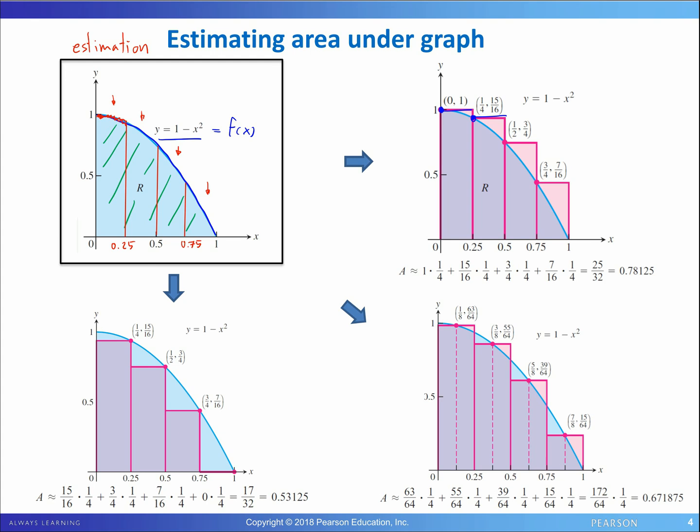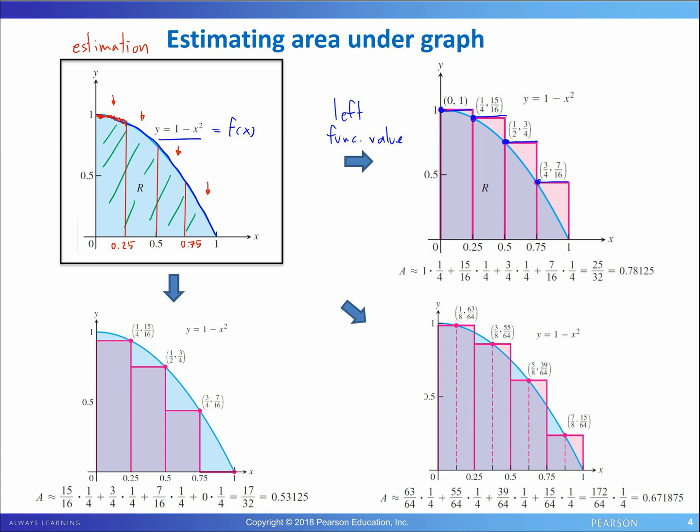Third section, once again left function value as the height. And last one, left function value as the height. So let's make a note right here that for this case it's left function value as the height of the rectangle for our estimations.